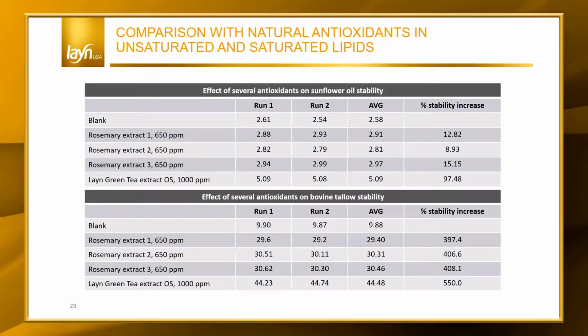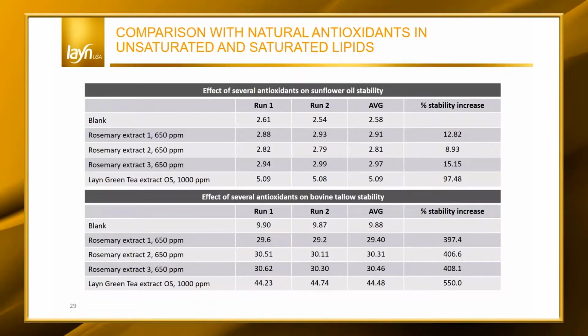In this case, we use another type of antioxidant, a green tea derivative, used at 1000 ppm, and we see that we achieved a 97% stability increase. It can be very easily compared against this 12% of rosemary extract. So there are differences between natural antioxidants, of course.